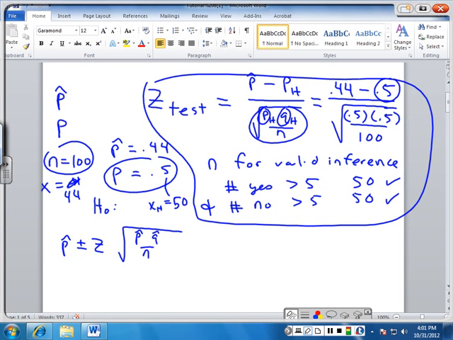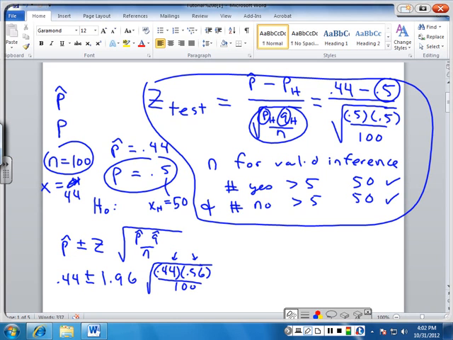In this case, that's going to be 0.44 plus or minus, let's say it's a 95% confidence interval, that'd be 1.96 times the square root of 0.44 times 0.56, that's just 1 minus the 0.44. That's the proportion that said yes in our sample, and that's the proportion that didn't say yes, or if there are only two answers, the proportion that said no. And then this would be the sample size.